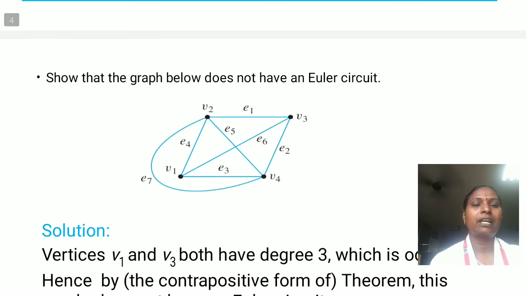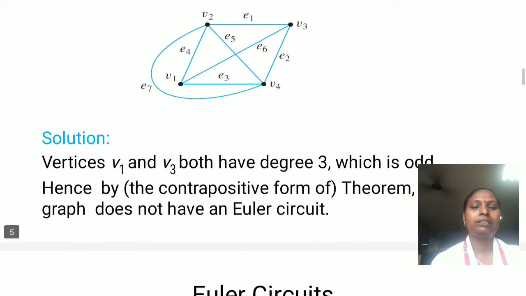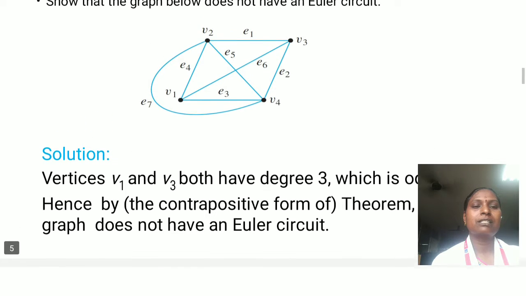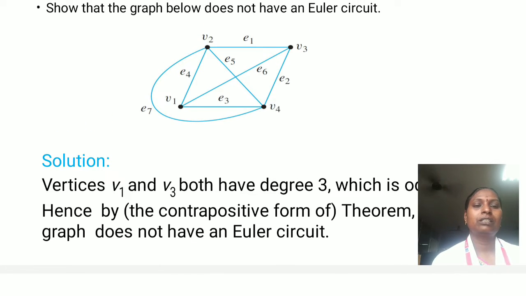Show that the graph below does not have an Euler circuit. Consider the graph. We have vertices v1, v2, v3, v4 and edges e1, e2, e3, e4, e5, e6 and e7. E7 is adjacent to v2 and v4.